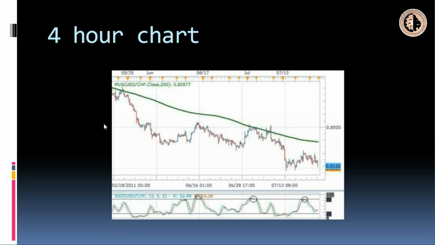My experience is that the lower the time frame, the less clear an indication you get in terms of looking at clear trends. Like this 4-hour chart, you can see that it is a bit choppy. You can see it's at some points breaking above the 200 simple moving average.